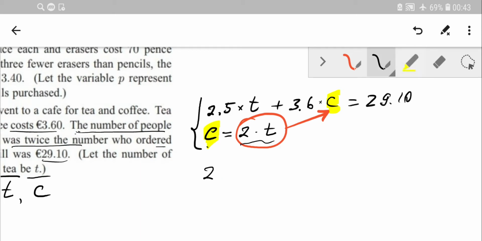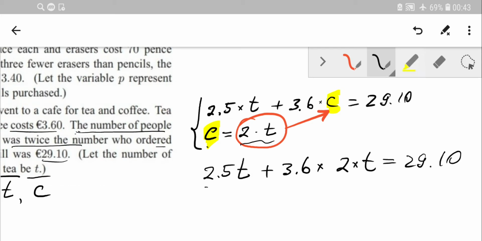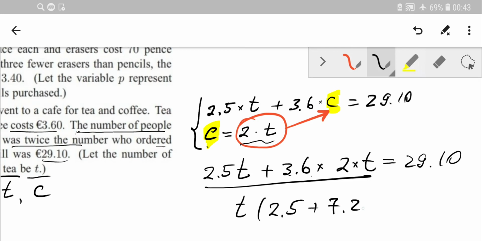All right, so what sort of equation do we have? 2.5T plus 3.6 times 2 times T equals 29.10. We can simplify that by factorizing T, and we have 2.5 plus 7.2 in brackets, since 3.6 times 2 is 7.2, equals 29.10.